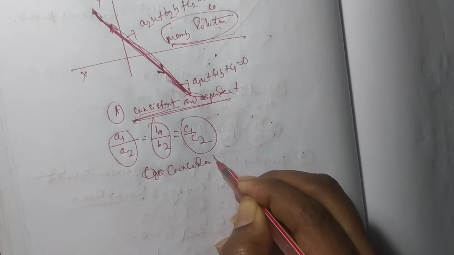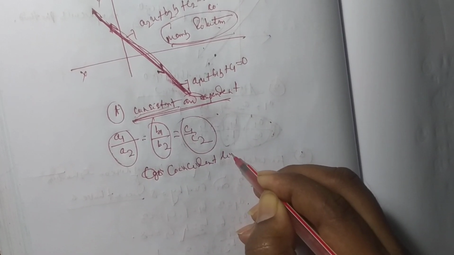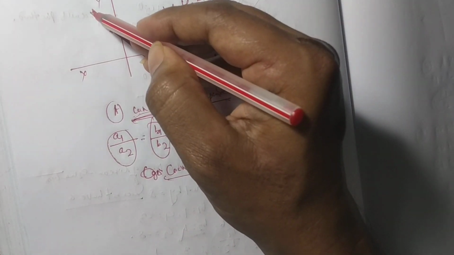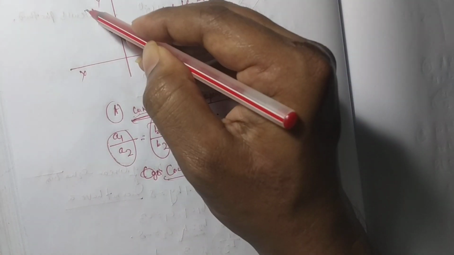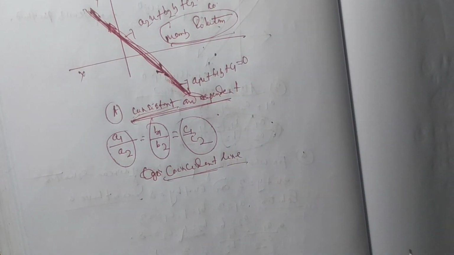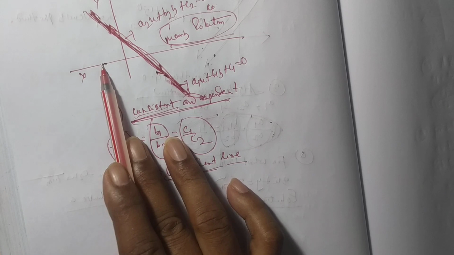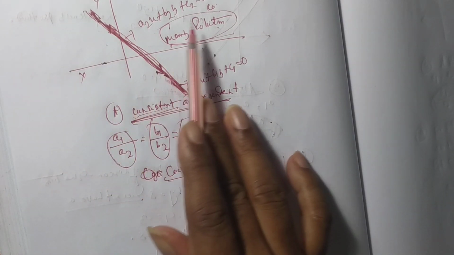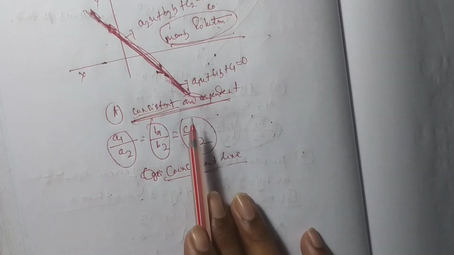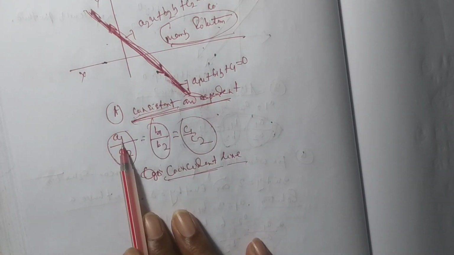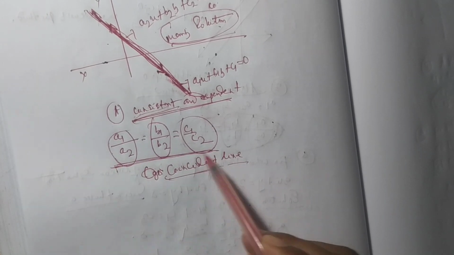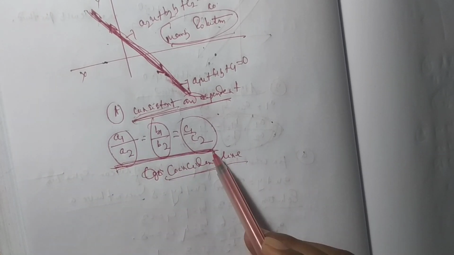Coincident line means two equations are going through one line. I have already told you the graphical process and the algebraic process to know the many solution.